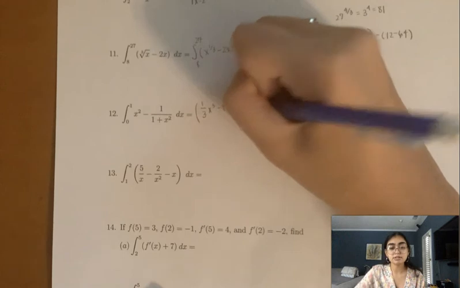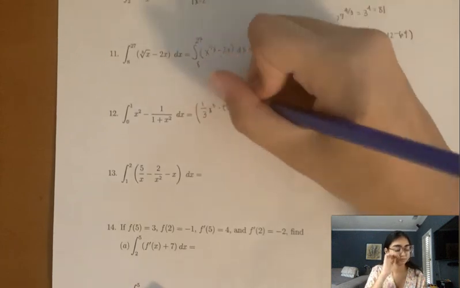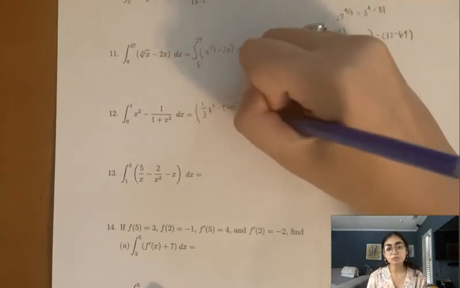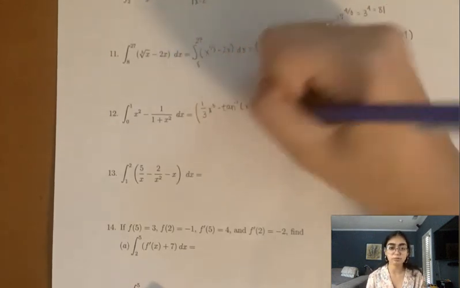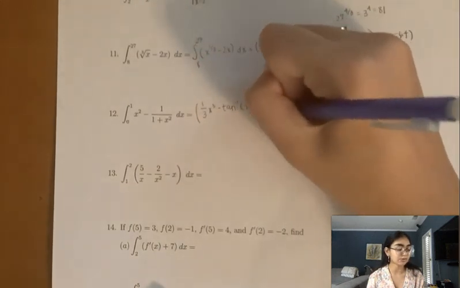And then since the inverse of tan has a derivative of 1 over 1 plus x squared, 1 over 1 plus x squared is going to have an antiderivative of inverse tan. So that's going to be our antiderivative for number 12. And then we're just going to plug in 1 and 0.